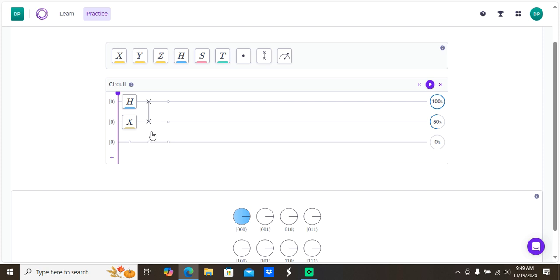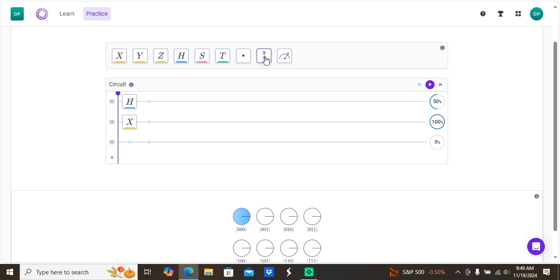All right? So we're going to try that again. So you can see it again. Okay, I'm going to say this again. We got this Hadamard gate in a superposition. 50% probability it could be a 0 or 1 because it's in a super state of being both 0 and 1 at the same time. And this second gate is in 100% probability because when you use the X gate, it goes from 0 to the 1 state.